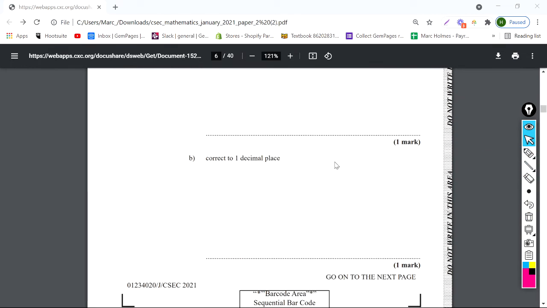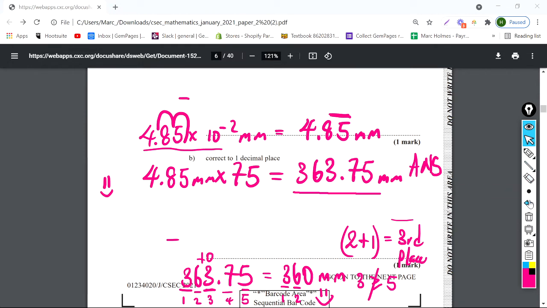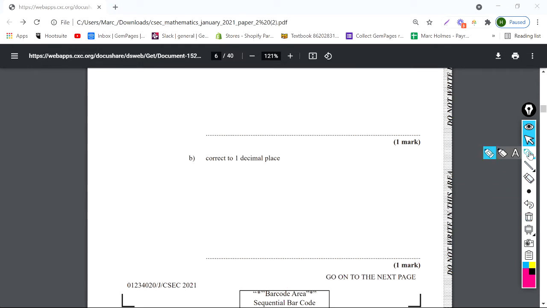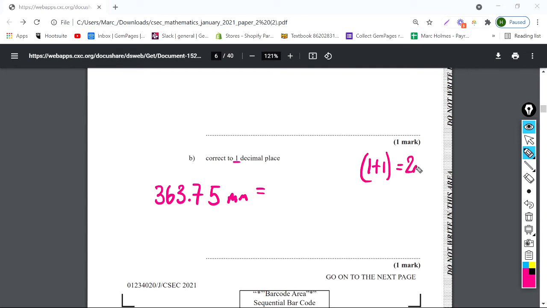The last part of this says now correct to 1 decimal place, right, guys? Remember it's 363.75 millimeters that they're asking you to put to one decimal place. To put it to one decimal place, we have to look at the 1 plus 1th decimal place, which is the second.